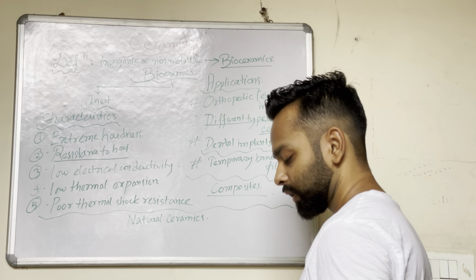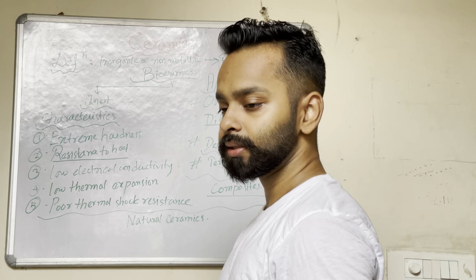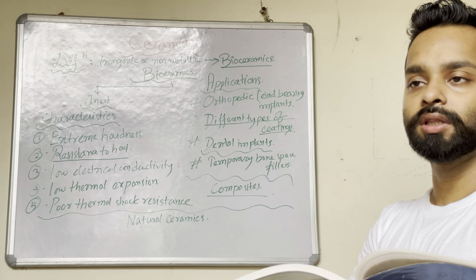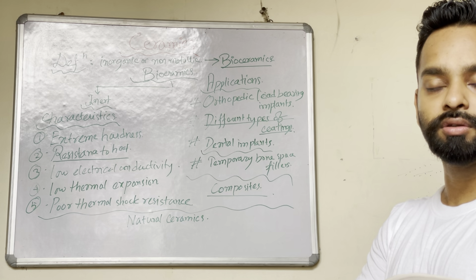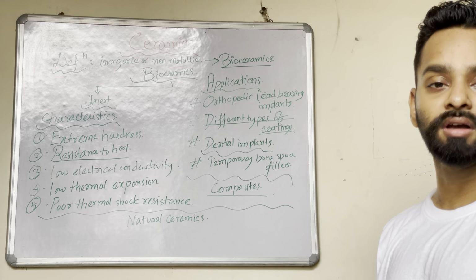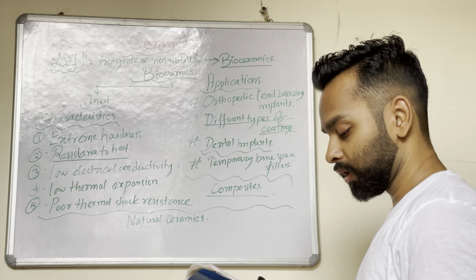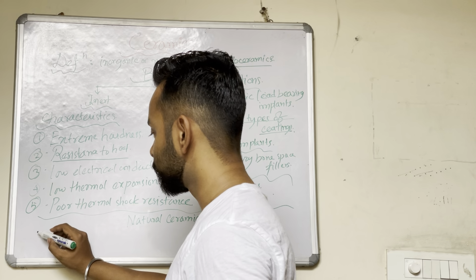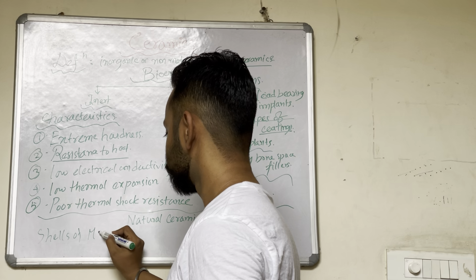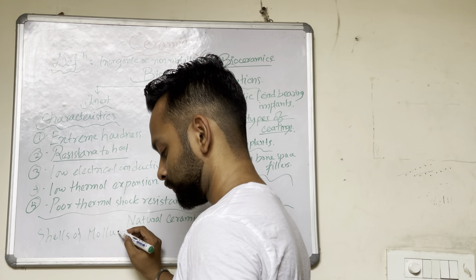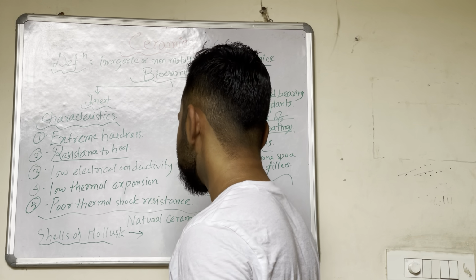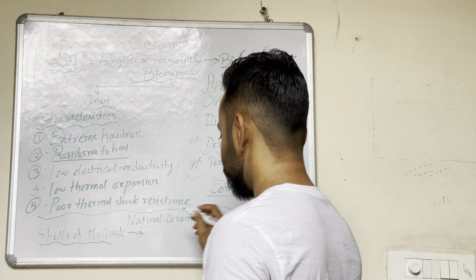Now, calcium carbonate is a very interesting material because it is widely distributed over the biosphere, and its presence is noted in different living components as well. So the mollusk shells, the shells of the different types of snails, are made up of calcium carbonate.